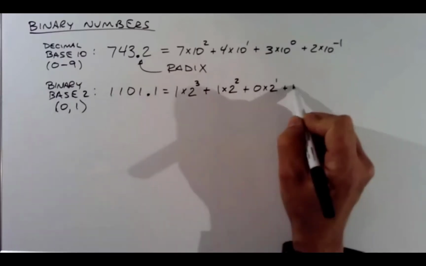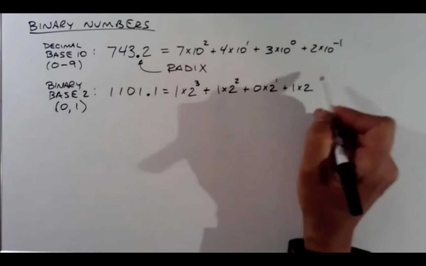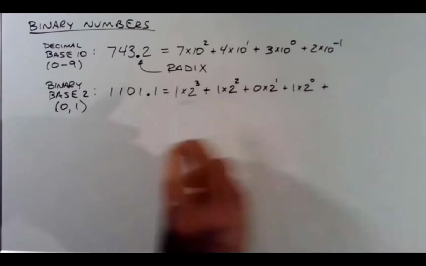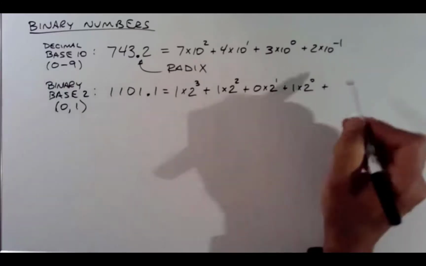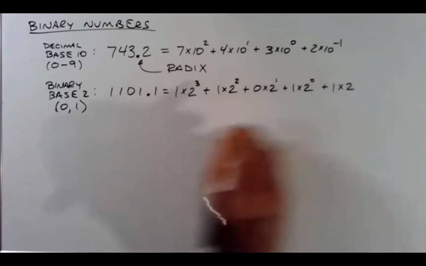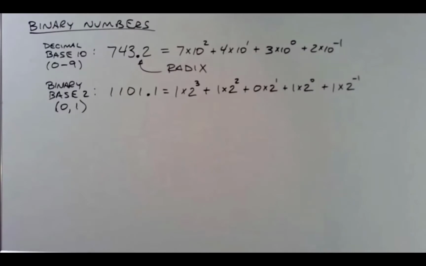Plus a 1 times the base to the power of the position 0. And then, just to the right of the radix, we have a 1, and we do the same thing, times the base to the power of the position, negative 1.